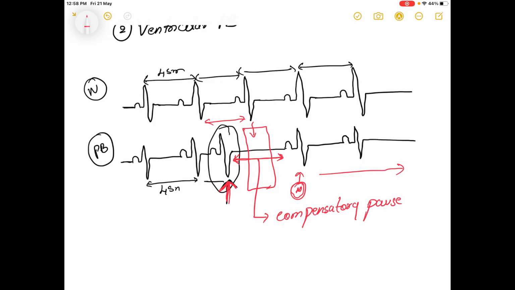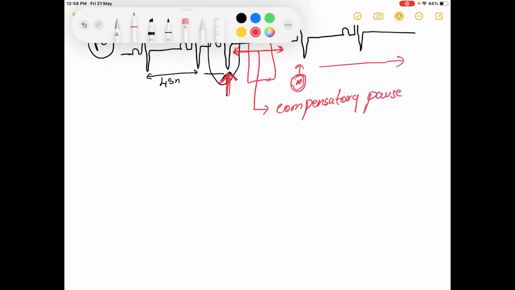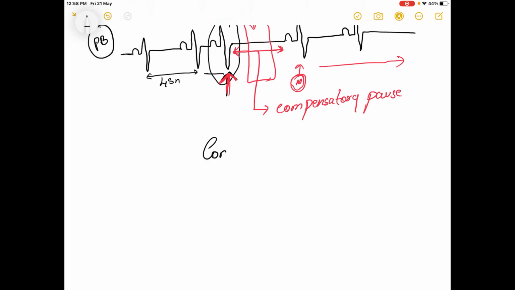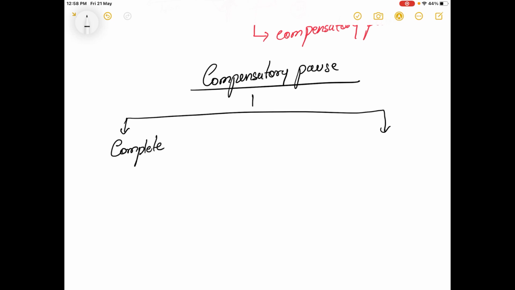Now compensatory pause can be of two types: complete compensatory pause, or incomplete compensatory pause.